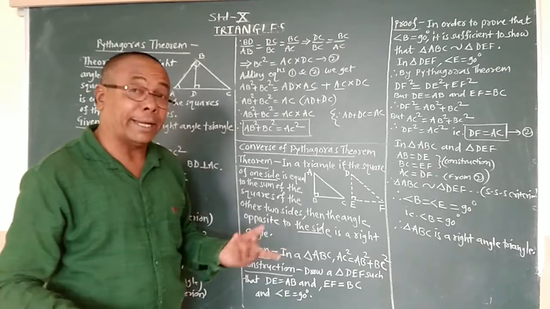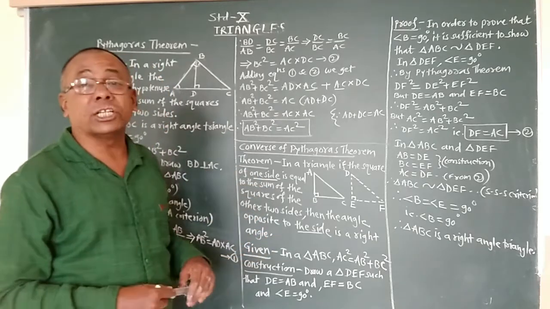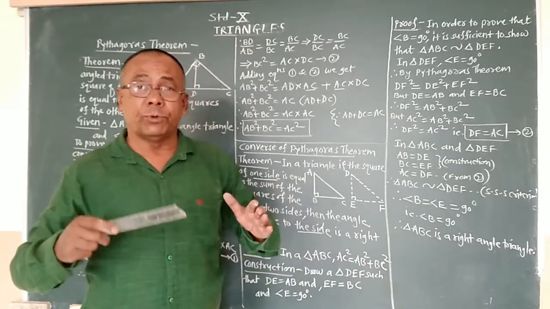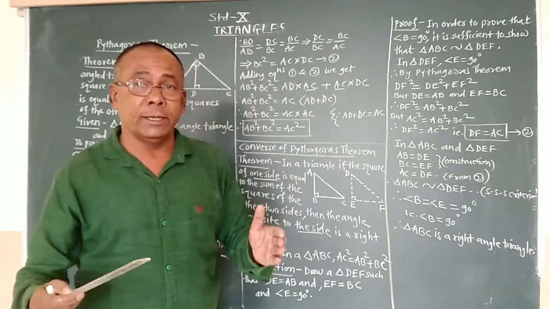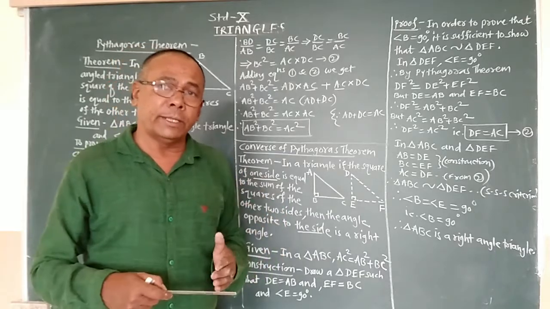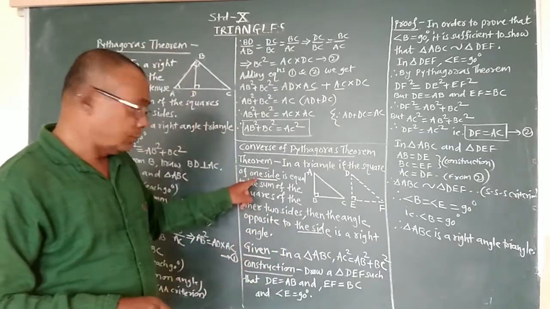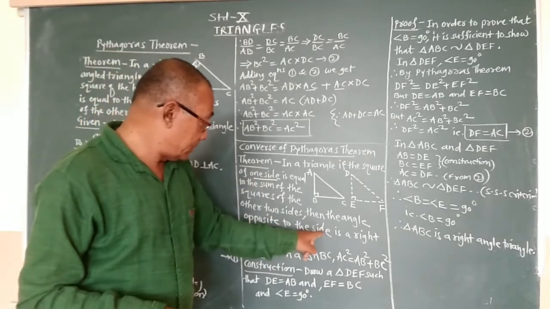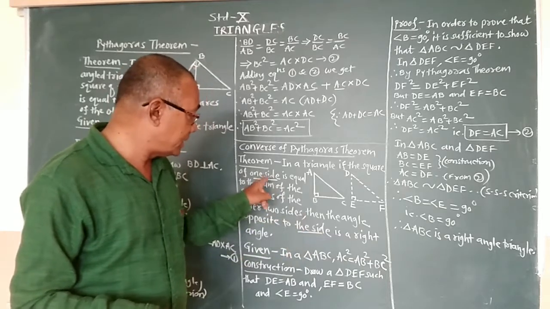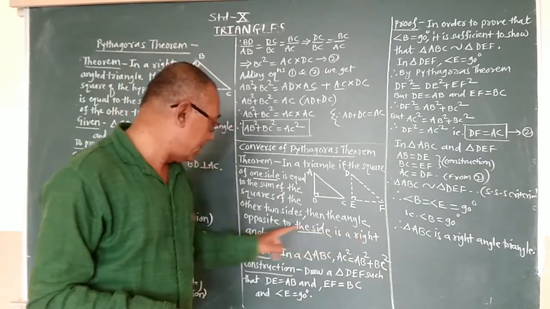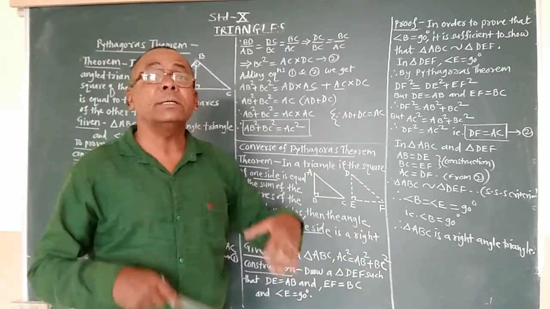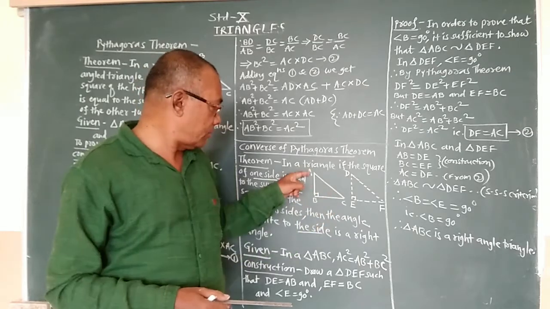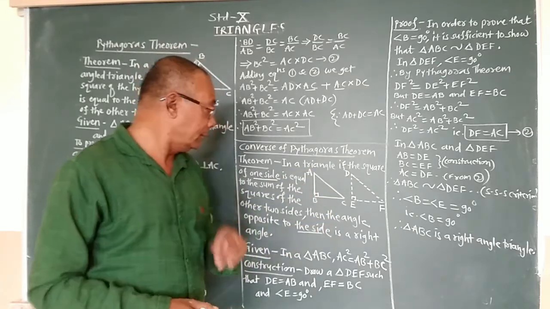Means we have to prove that if such a condition is satisfied, then triangle ABC is a right angle triangle.